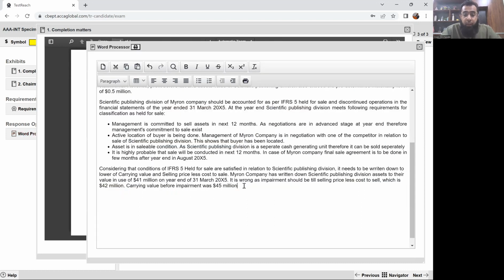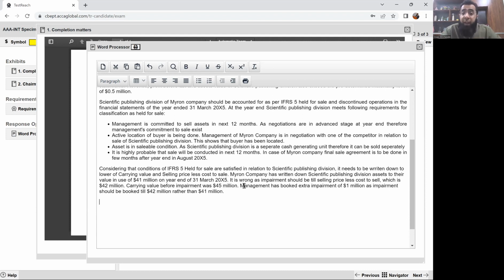Okay. Management has booked extra impairment of $1 million, as impairment should be booked till $42 million rather than $41 million.